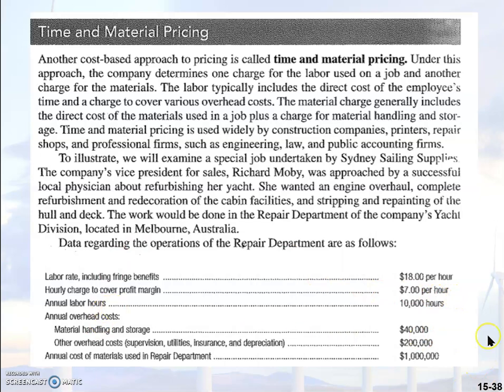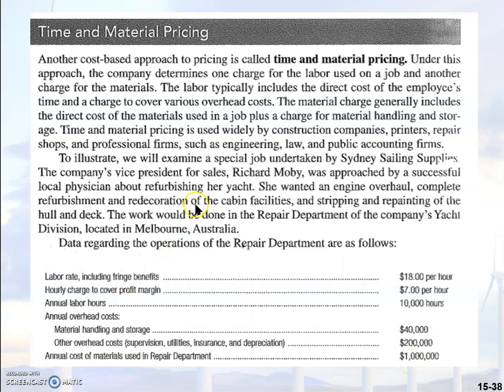Annual labor hours are 10,000 hours, with annual overhead costs for material handling and storage of $40,000. Other overhead costs, for supervision, utilities, insurance and depreciation, account for $200,000. And the annual cost of materials used in the repair department is $1 million.